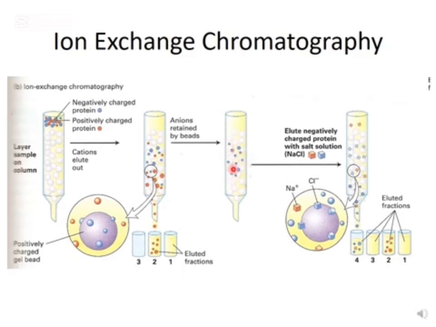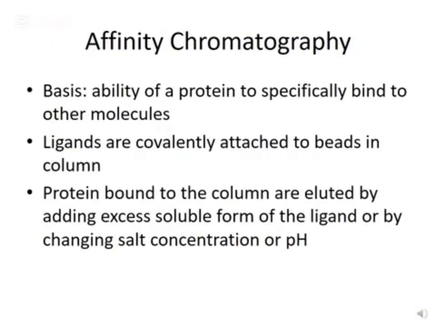So in order to get these beads out, the negative ones, we add a strong salt solution to the column. This salt solution replaces the proteins and causes the negatively charged proteins to elute down and be collected at the end of the column.